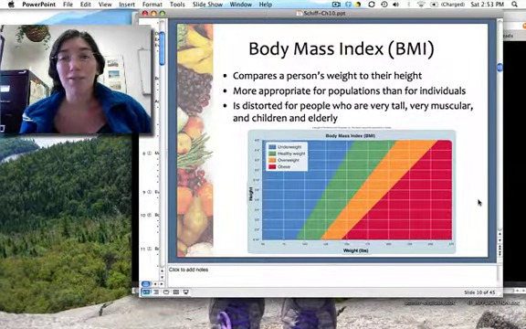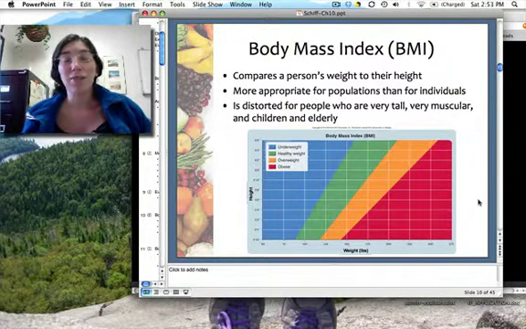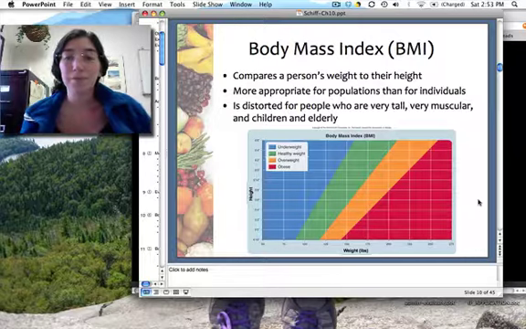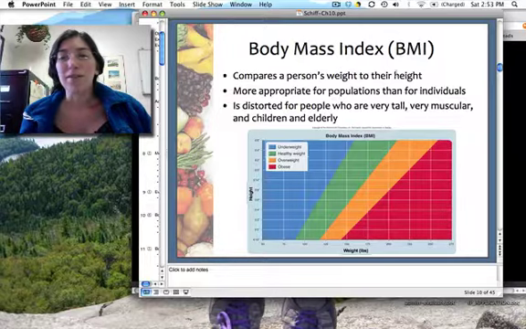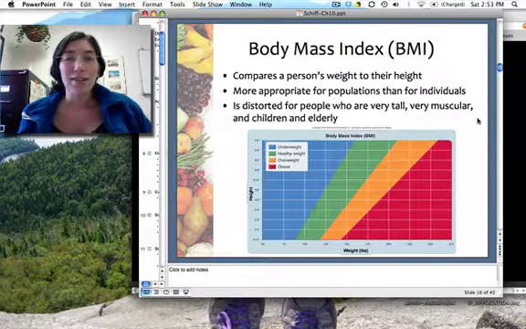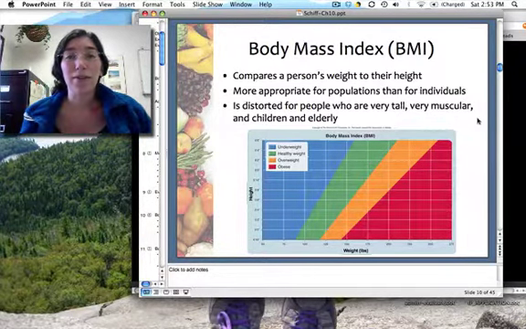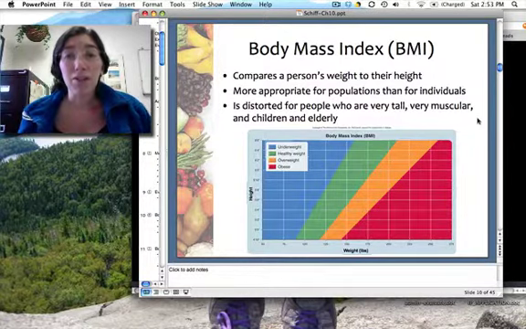Essentially, it's a little math equation that compares your height and your weight. So it's your weight divided by your height squared in kilograms and meters, or kilograms and centimeters.